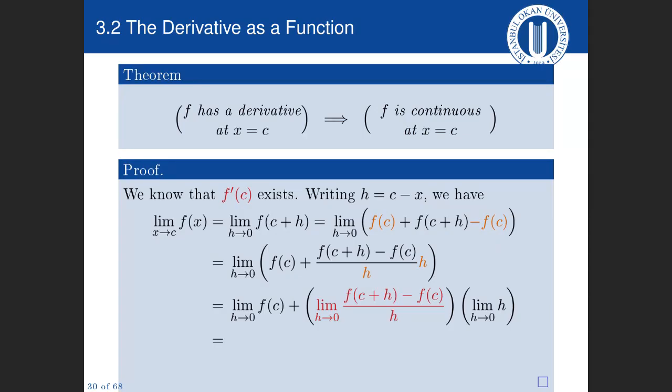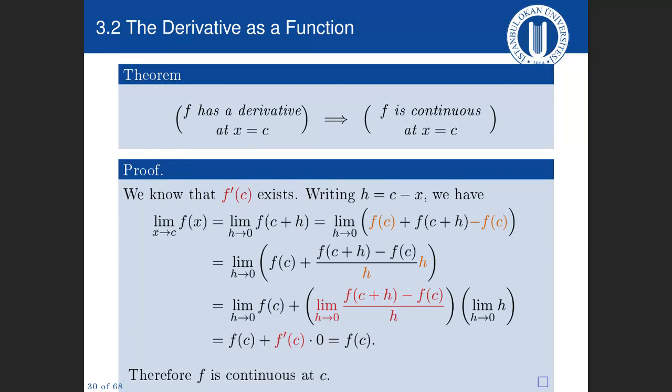So we can write this as the limit as h tends to 0 of f of c plus the limit as h tends to 0 of f of c plus h minus f of c over h. And then finally, the limit as h tends to 0 of h. Each of these three limits we know the value of. The limit as h tends to 0 of f of c is just f of c, because f of c is just a constant.